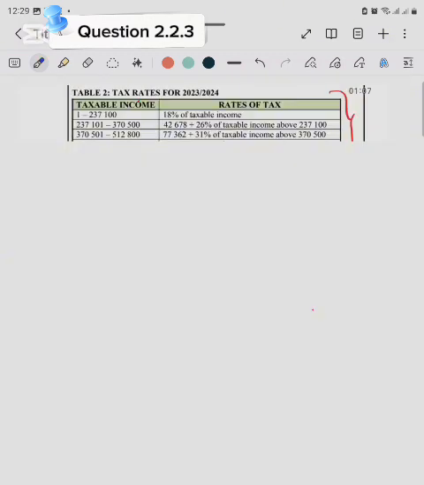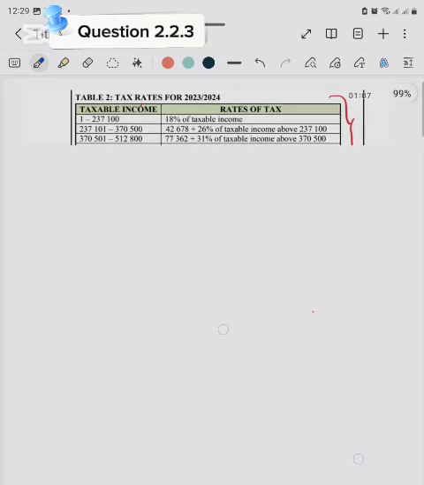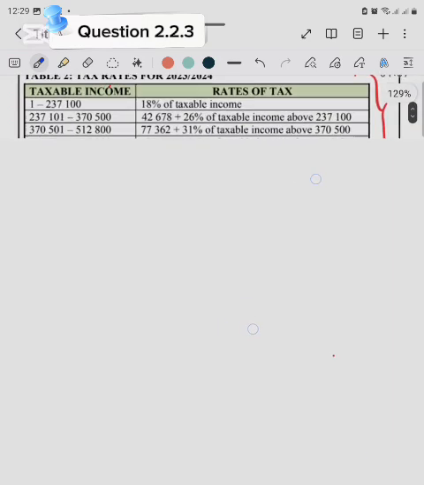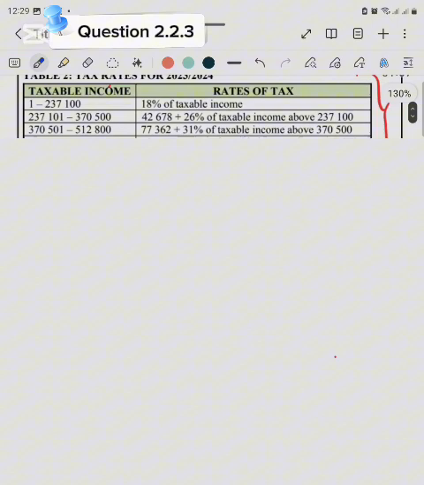Okay, so the place that the 77,000 comes from is actually from calculating the bracket above it. So the bracket above us has there the 42,678 plus 26% of the taxable income above 237,100.